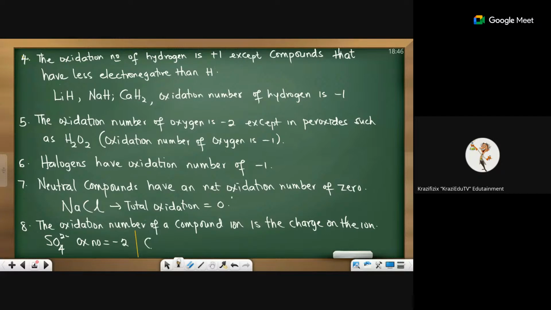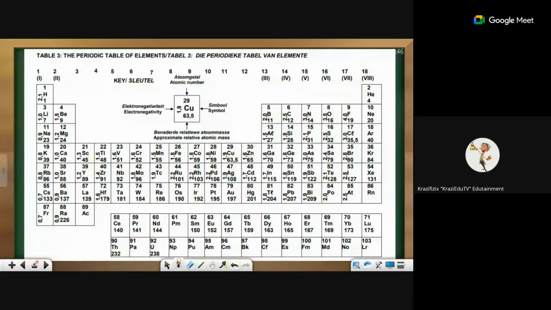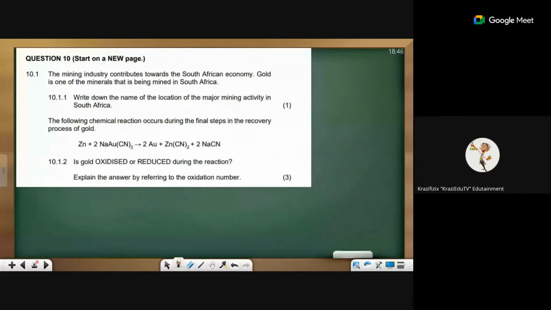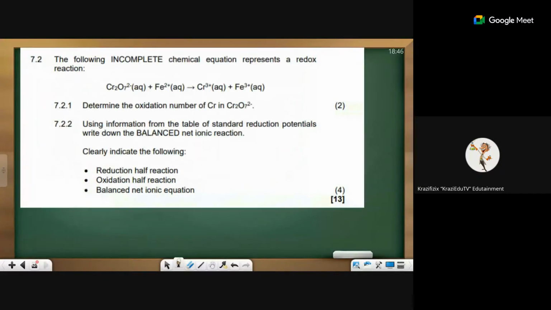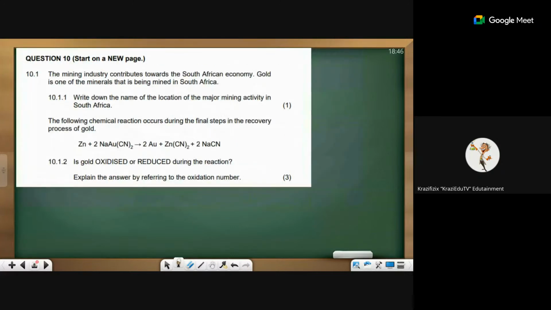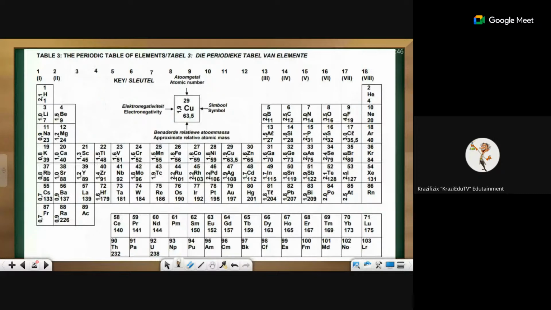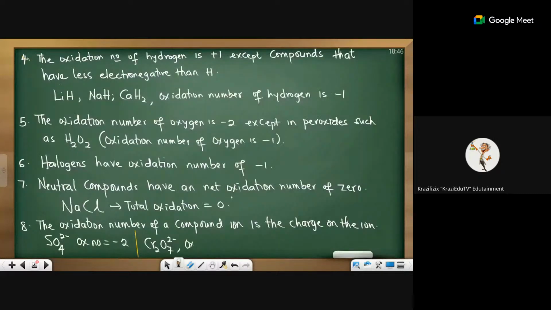If I write Cr2O7 2 minus, the oxidation number of the compound ion is -2. So take note. It is the charge on the ion. We're going to do some calculations now. These are basic, important rules that we need.